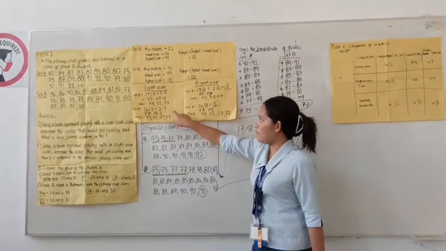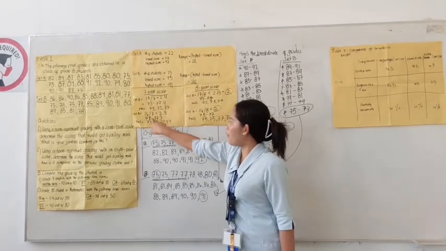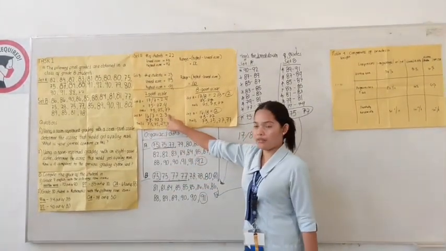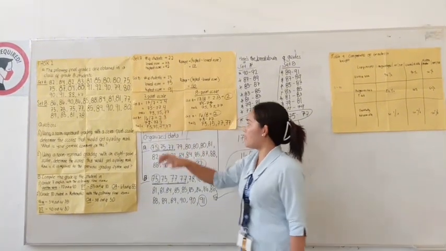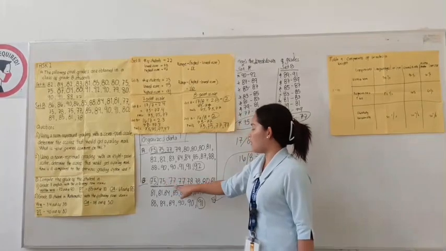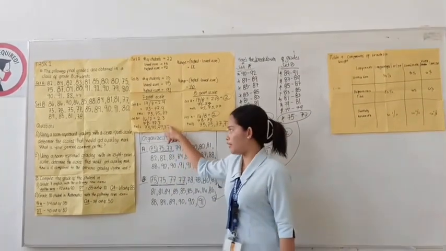For set B, with the 7-point scale, we have 75 to 77.3 because of the interval 2.3. Basically, the failed students are 4, because it covers 75, 75, 77, and 77. So there are 4 students who failed.